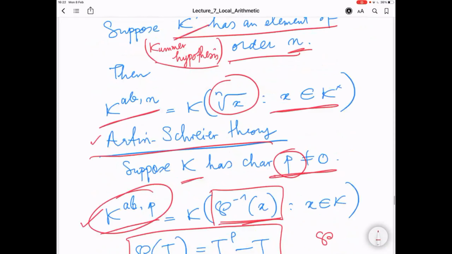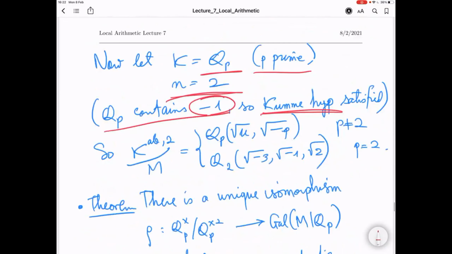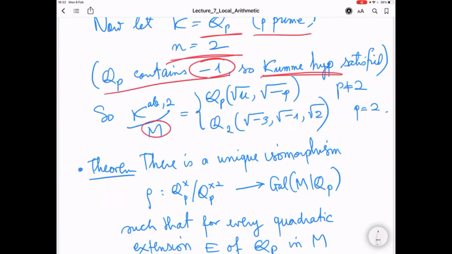Our n here is 2, and this is an element of order 2 in Q_p*. So according to Kummer theory, the maximal abelian extension of exponent 2, let's call it M for short, is given by adjoining a square root of u and a square root of -p when p is odd, and the square roots of -3, -1, and 2 when p is equal to 2.